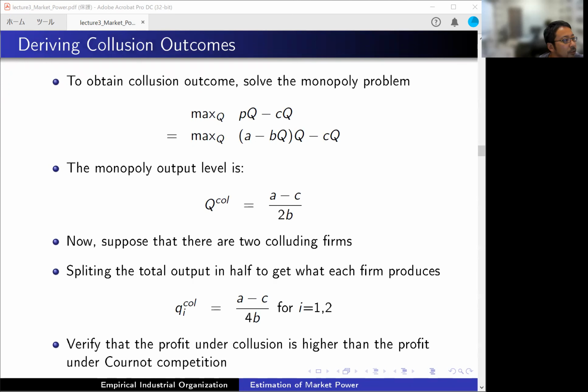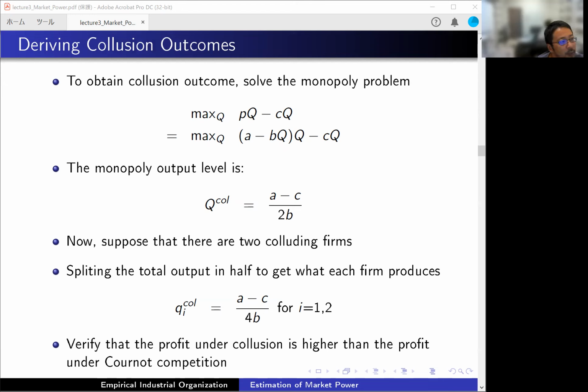Okay. To obtain a collusion outcome, we first solve the monopoly problem where the aggregate output corresponds to the monopoly's output. You can easily see that the monopoly output level is (A minus c) divided by 2B. Now, suppose that there are two firms colluding in the market and producing this monopoly output jointly.